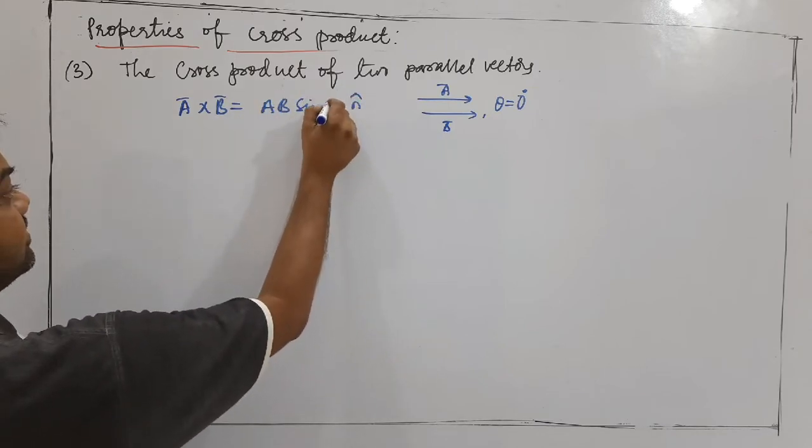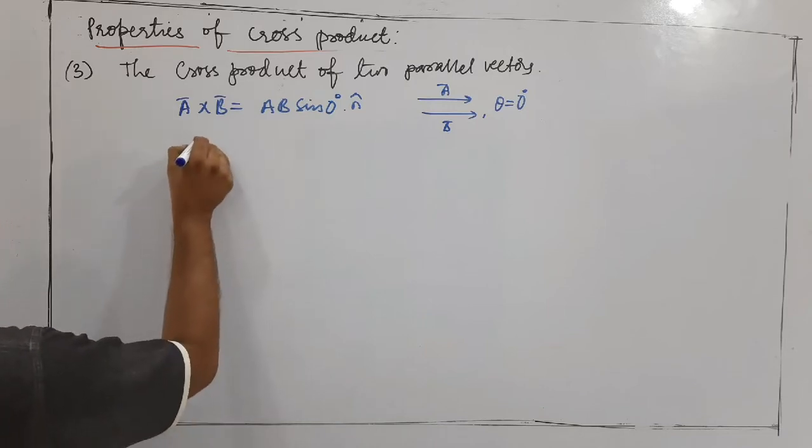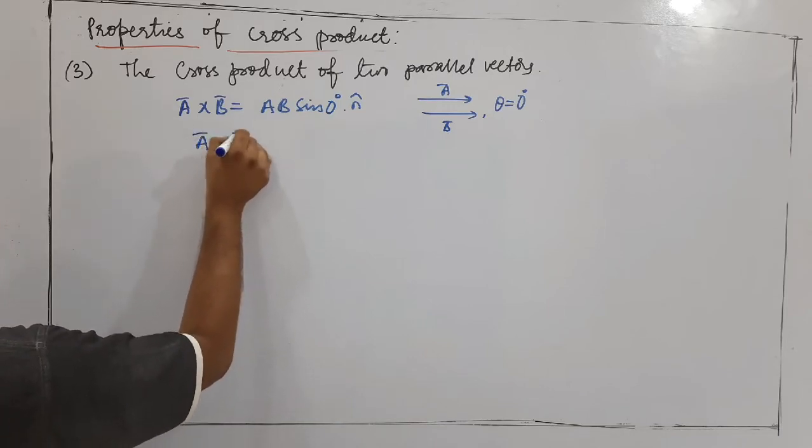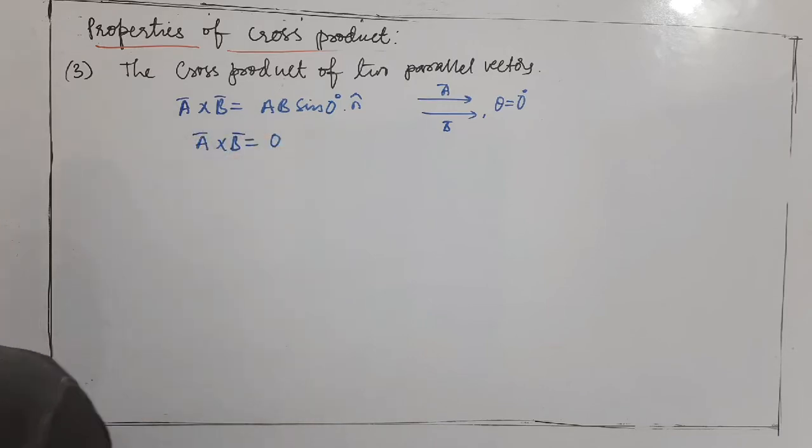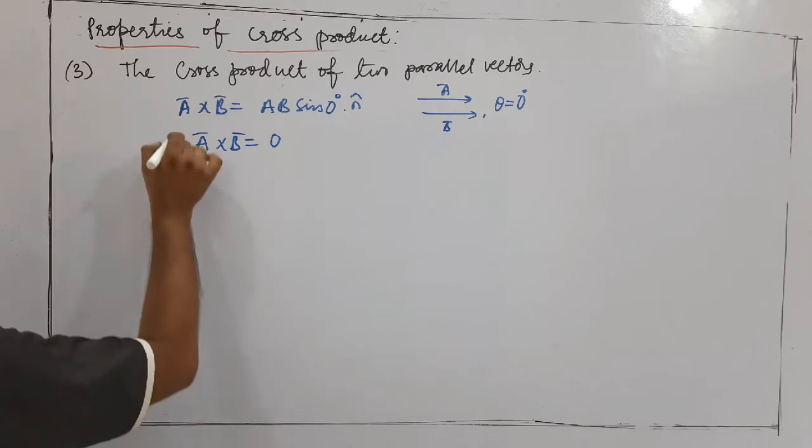The value of sine 0 is 0. So totally, A bar cross B bar is equal to 0. Like this we can write.